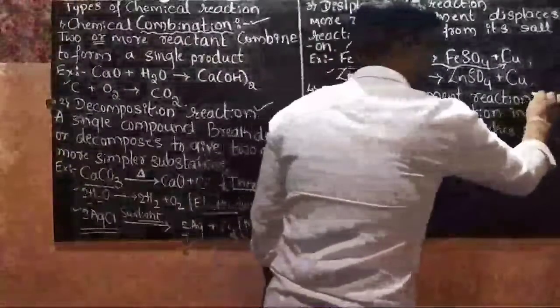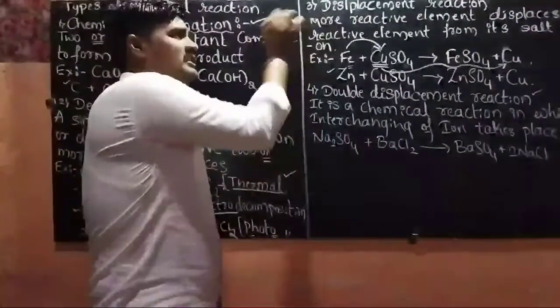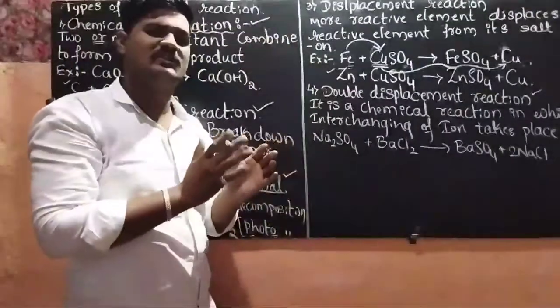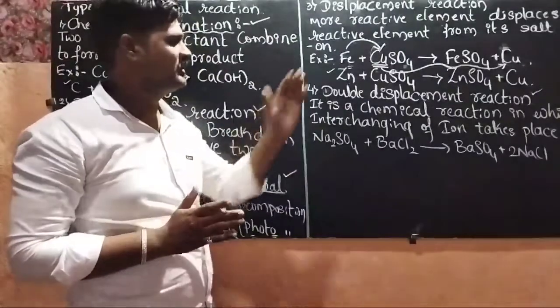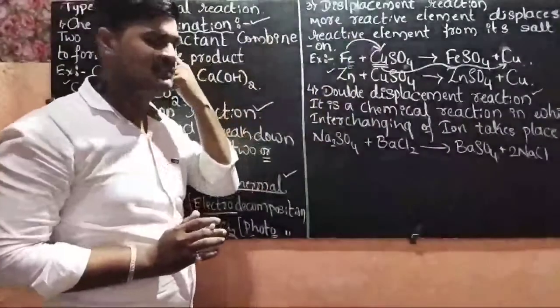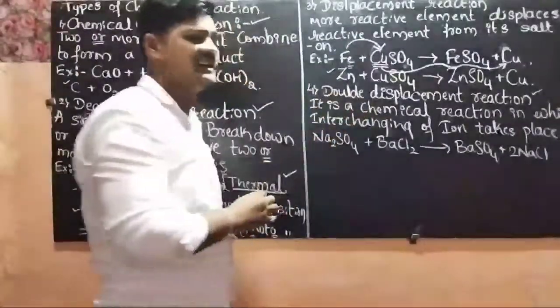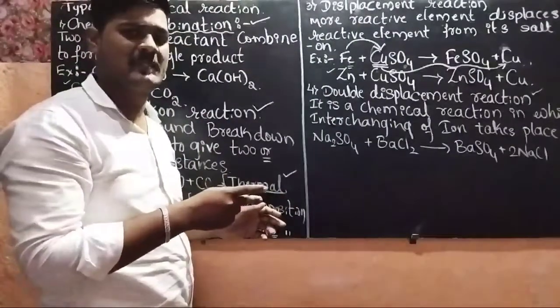Here we can see the double displacement reaction. The displacement reaction we just saw can also be called a single displacement reaction, because only one element is being displaced in that reaction. But in a double displacement reaction, two elements are being displaced.